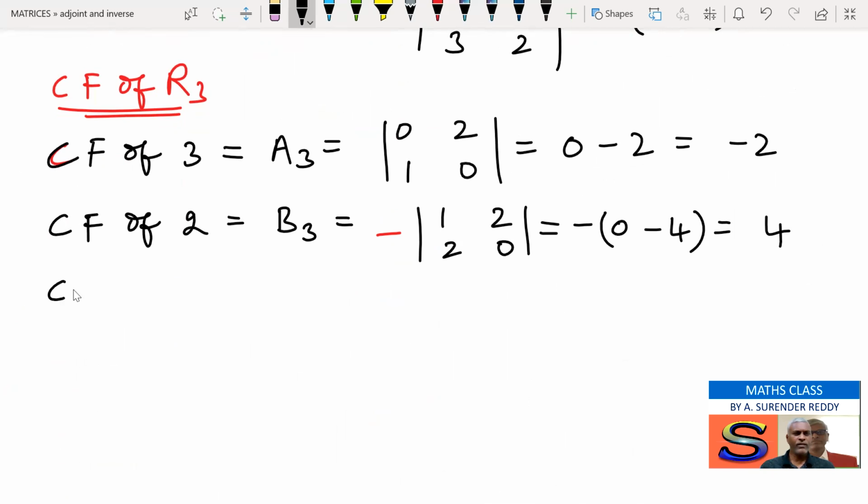Next, cofactor of the last element 1. Third row, third element, let us name it C3.